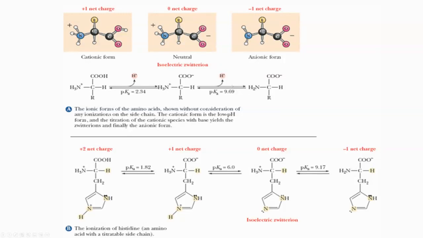To the right, you remove one hydrogen ion from the amino group, from NH3 plus to NH2, and now it becomes negative. So here is positive, here is negative, and in the middle is zero net charge. The pH at this point is called the isoelectric point, the PI.